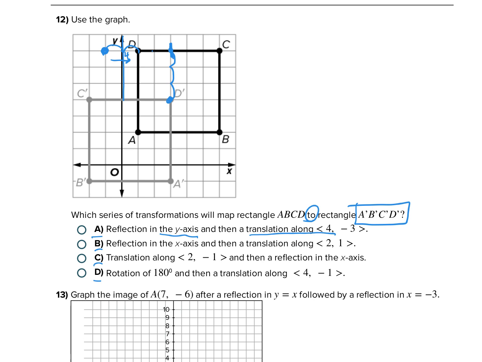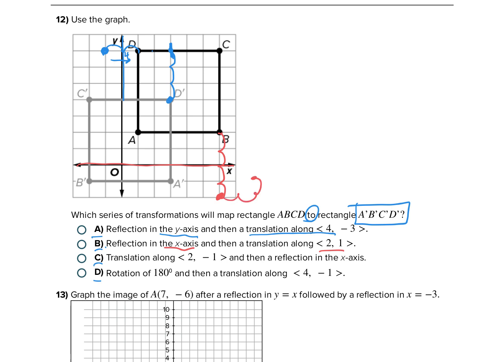Okay, so B, a reflection over the x-axis, then a translation of 2, 1. For the x-axis, I can choose a different point. It doesn't matter as long as B goes to B prime. So if I reflect over the x-axis, 1, 2, 1, 2, that puts me here. And then you notice this translation is both positive, so that would be 2 to the right and 1 up.